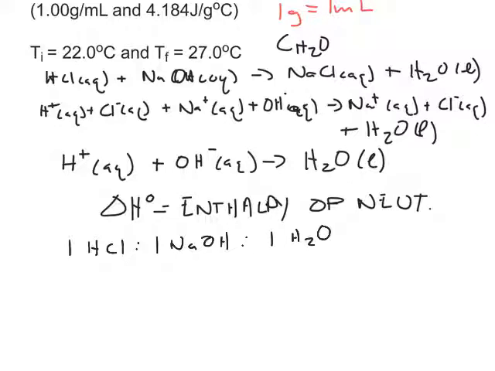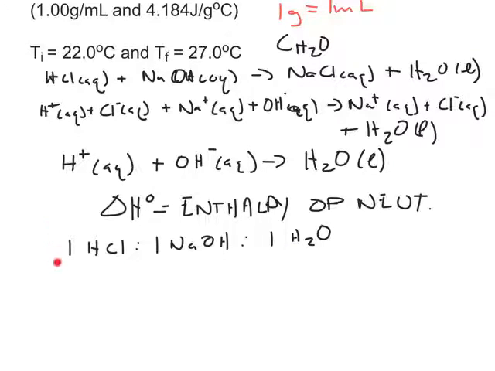water. So if the enthalpy of neutralization is the heat released when we make 1 mole of water by reacting hydrogen and hydroxide, we've got that because 1 of this plus 1 of this makes 1 of this. So we're good to go. We don't have to do any real stoichiometric conversions here because everything is a 1-to-1 ratio.